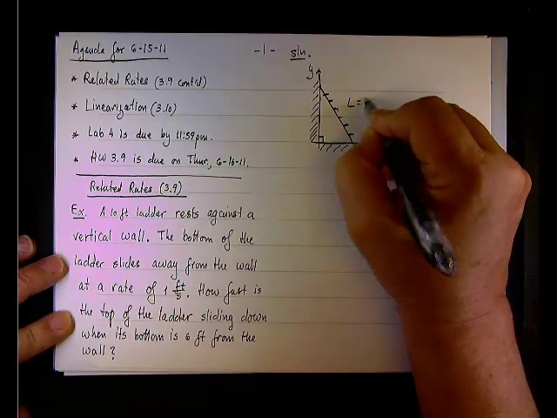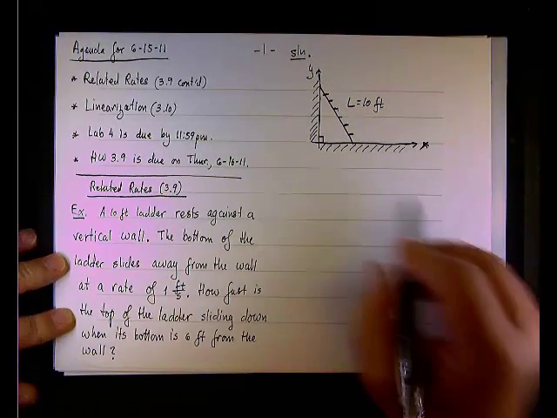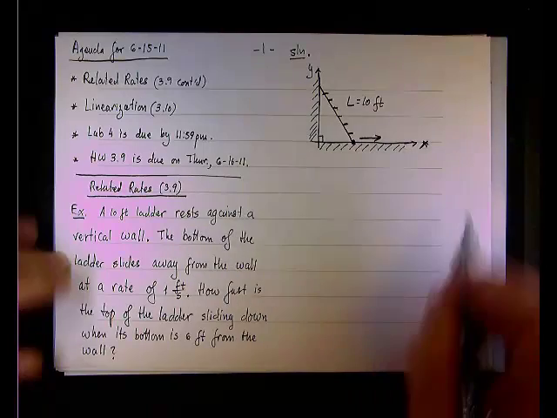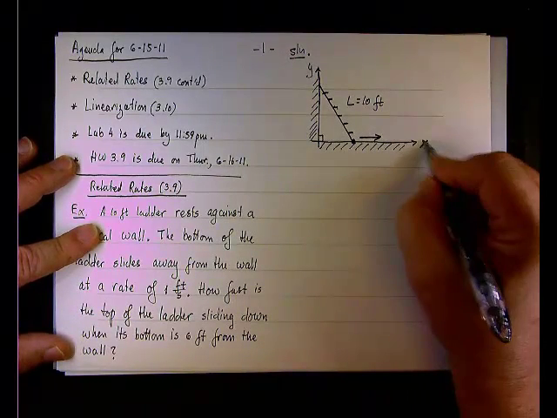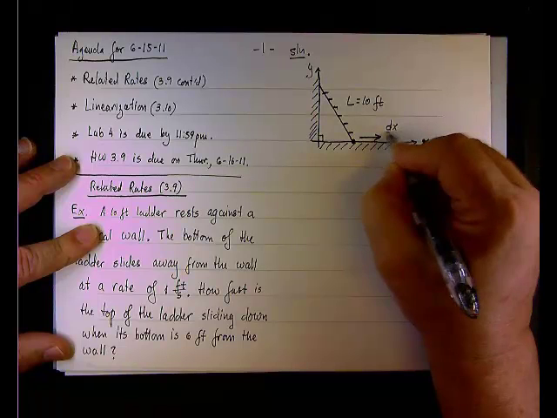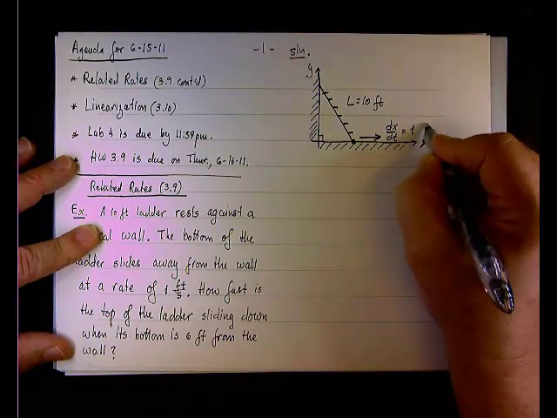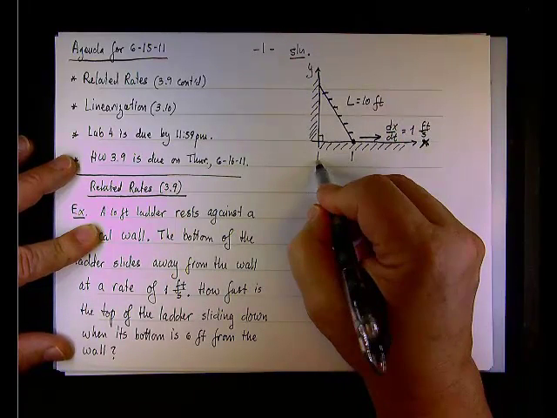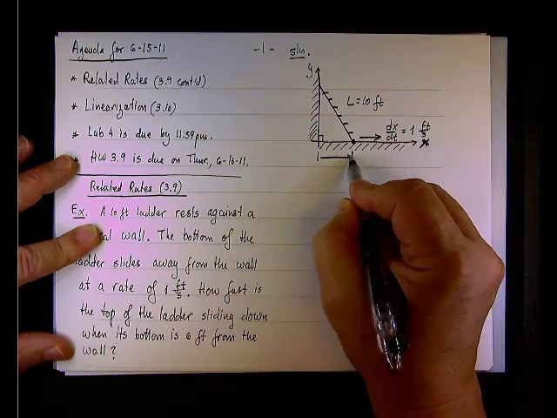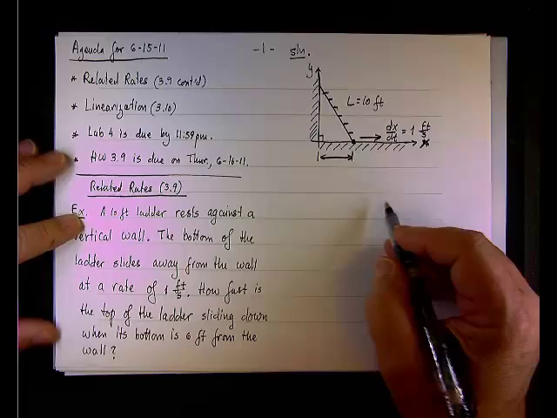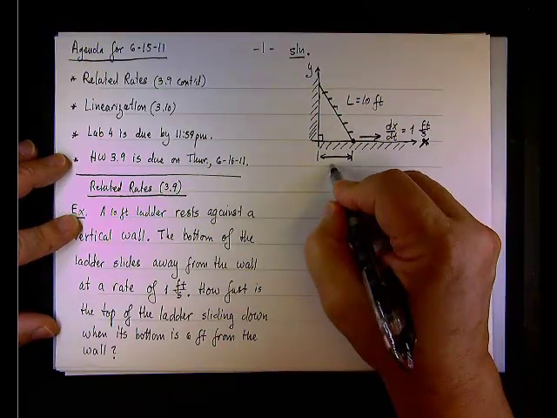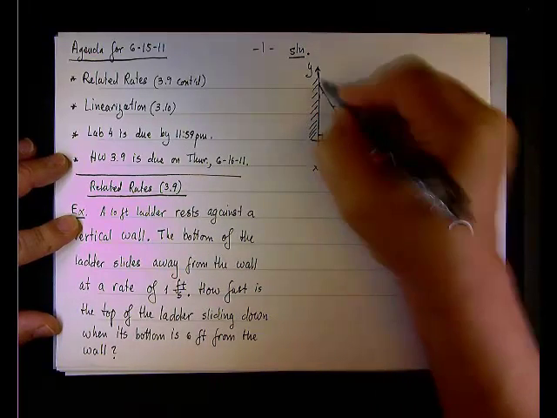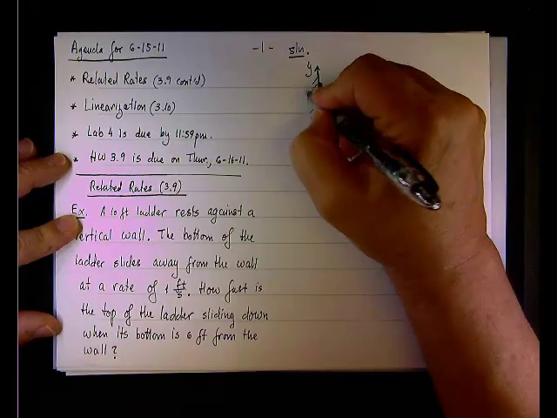We know the length of the ladder. The ladder is 10 feet long. We also know that the bottom is moving away from the wall in this direction, and if this direction is x, then the rate will be dx/dt, and in this case it is 1 foot per second. We're also told that at the time when the bottom of the ladder is 6 feet away from the wall, we call it x equals 6.